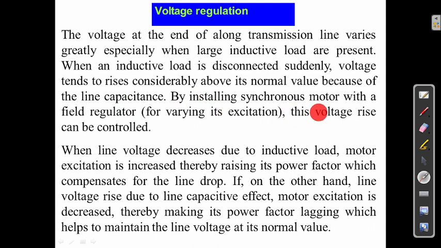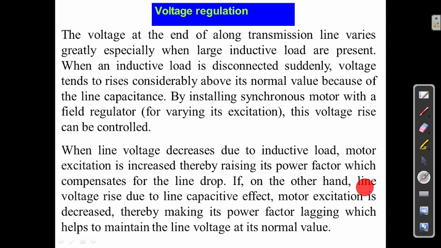By installing a synchronous motor with a field regulator for varying its excitation, this voltage rise can be controlled. When the line voltage decreases due to inductive load, the motor excitation is increased, thereby raising its power factor, which compensates for the line drop.